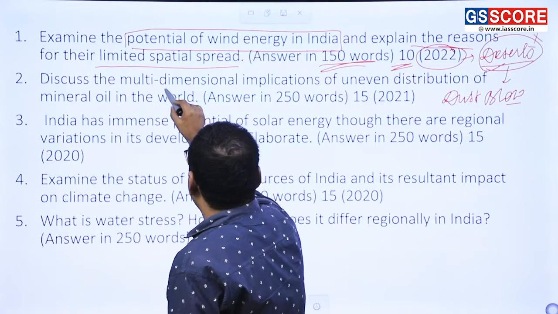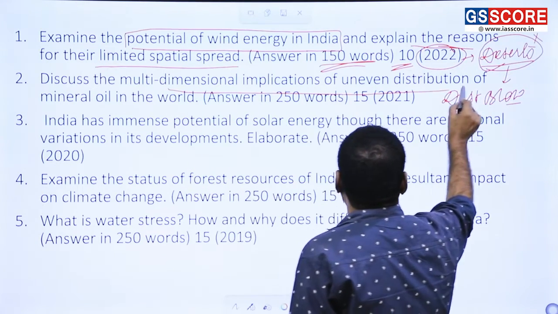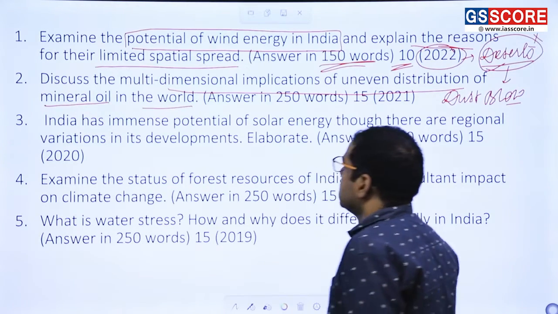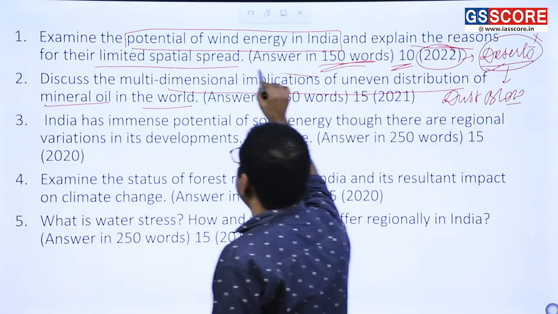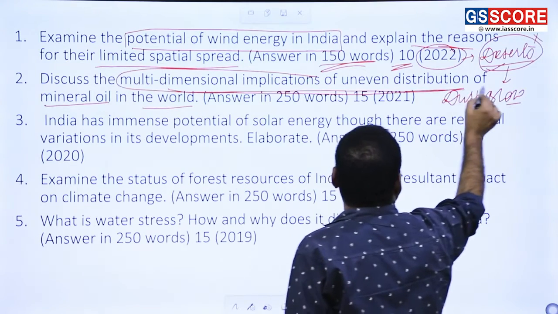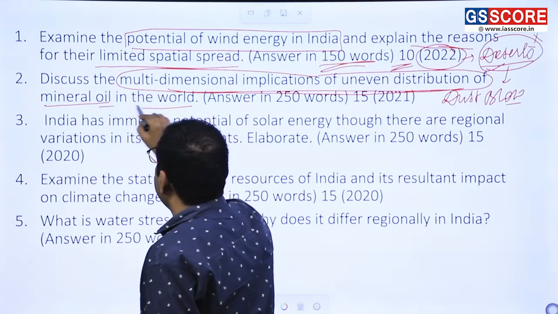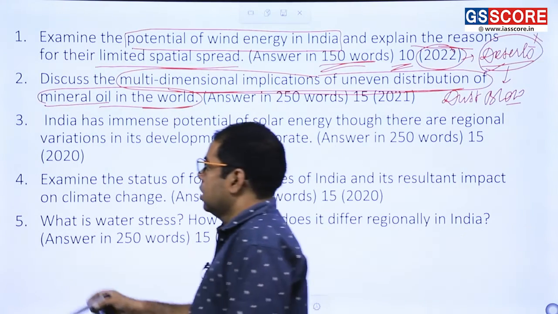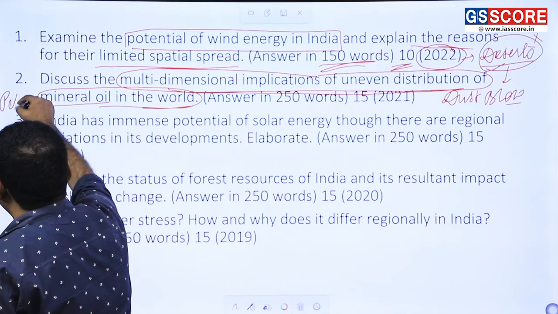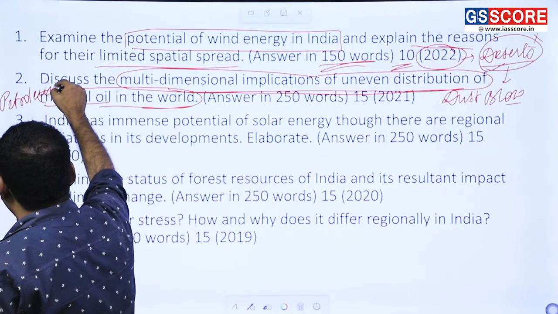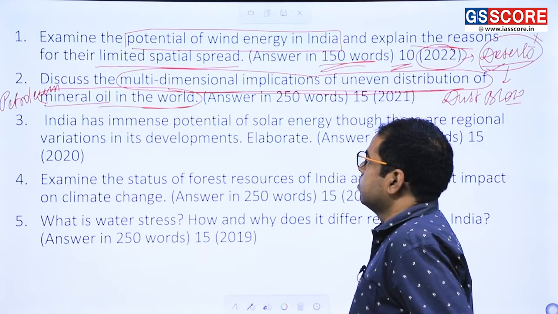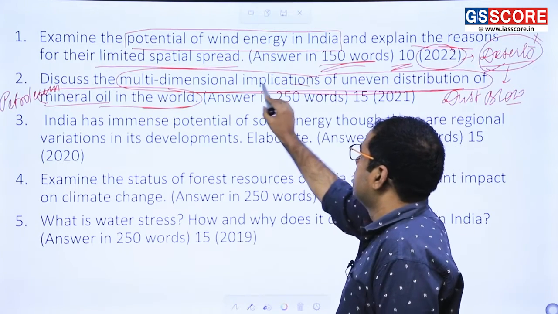Then the next question: multi-dimensional implication of uneven distribution of mineral oil in the world. You should know what it is talking about. This is petroleum. It is asking about petroleum, and its implications.